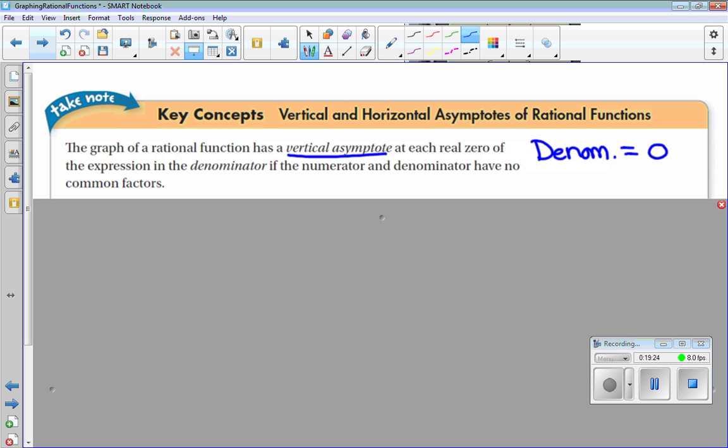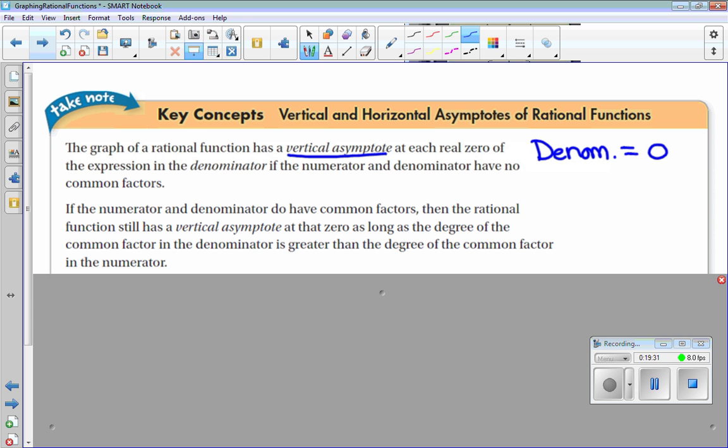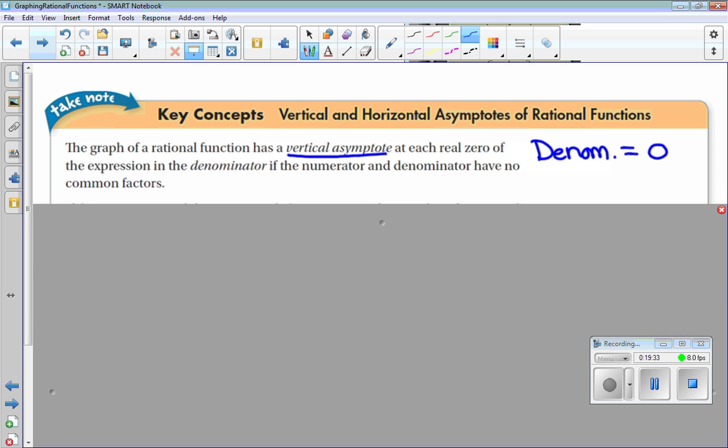Sometimes there are things called holes, and we'll look at how to find those. Hang on, I'm going to write this differently. So 1, we can have a vertical asymptote. 2, we can possibly have what we call a point discontinuity or a hole.